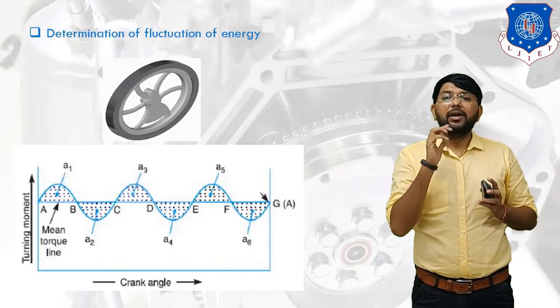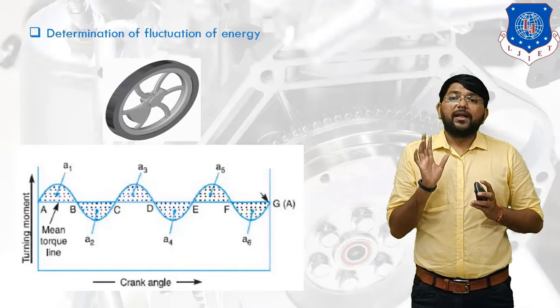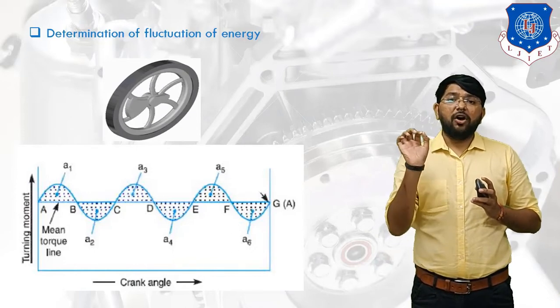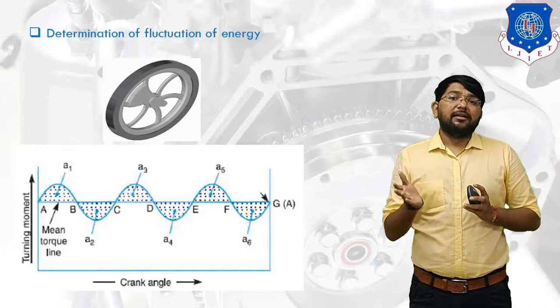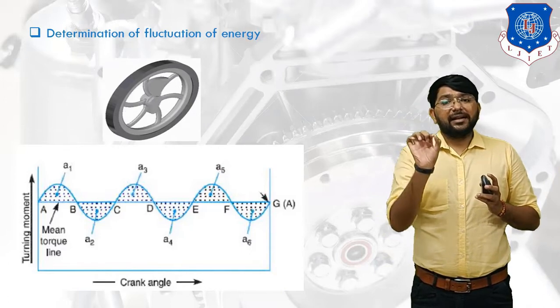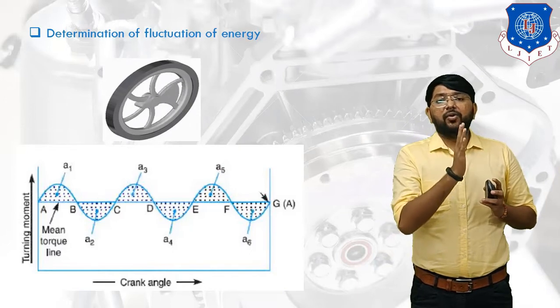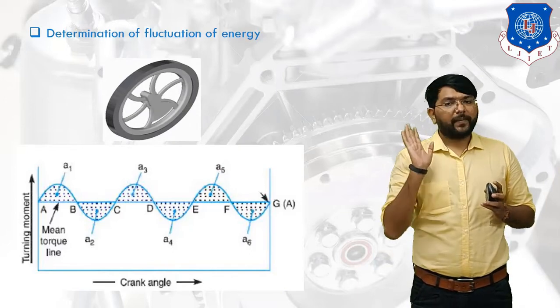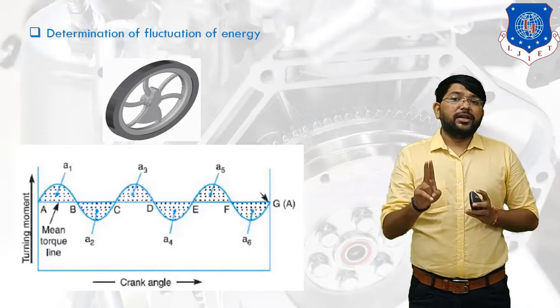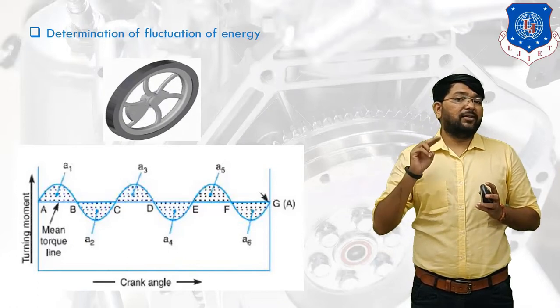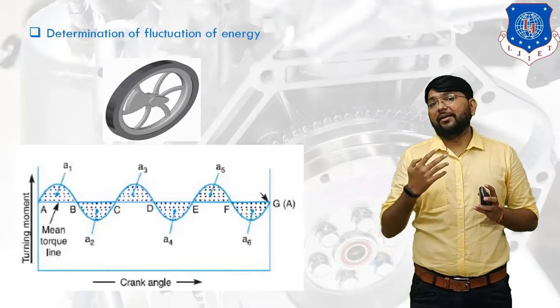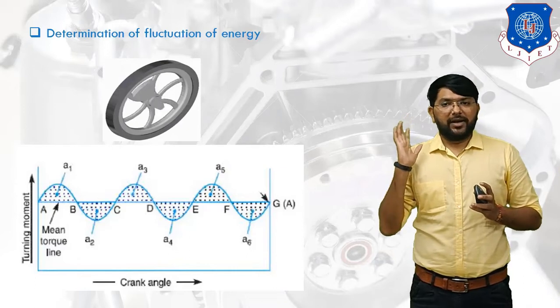The area of the first positive loop is a1, the first negative loop is a2, and this continues as a3, a4, a5 and a6.